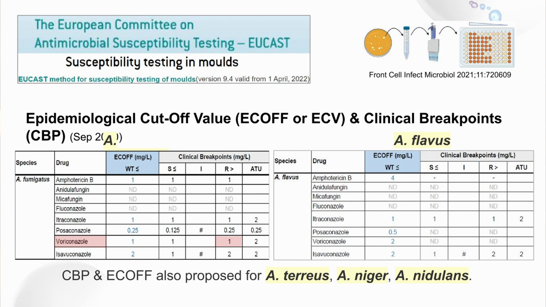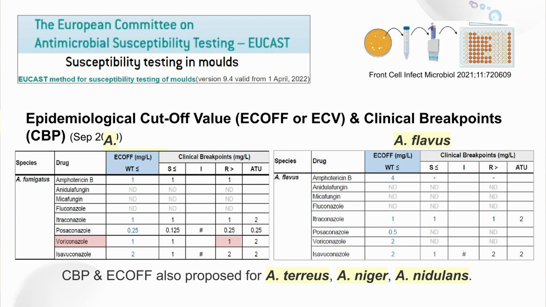To interpret the MIC, EUCAST proposed epidemiological cutoff values to classify wild type and non-wild type isolates. But importantly, EUCAST also provides clinical breakpoints to define susceptible and resistant isolates for major Aspergillus species, including fumigatus, flavus, terreus, niger and nidulans.